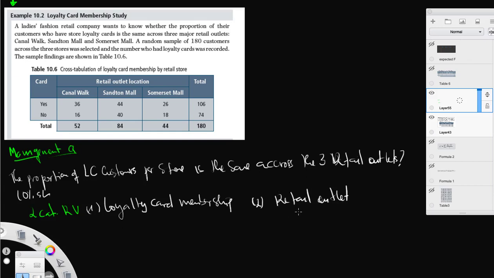All these have been grouped: this one is 2, so we have a yes and a no, and this one we have three: Canal Walk, Sandton, and Somerset Mall.